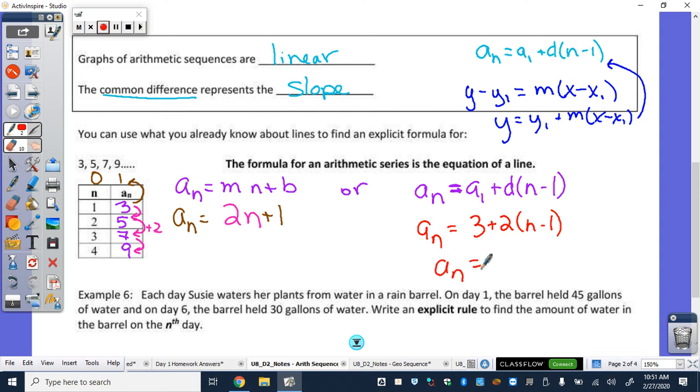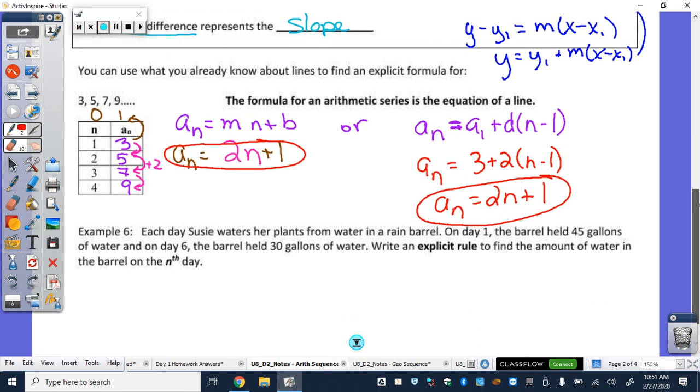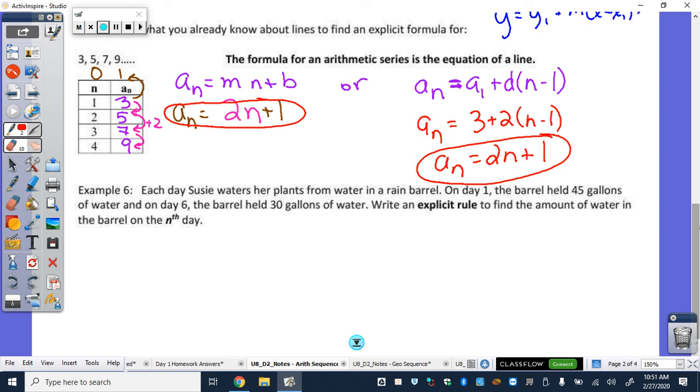Distribute your 2, combine your like terms, and again, you still end up with the same equation. So you got a couple of options for these. But one of the main things to remember, common difference is just like your slope.